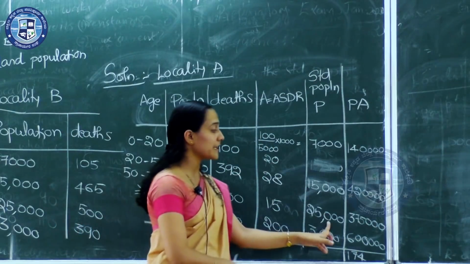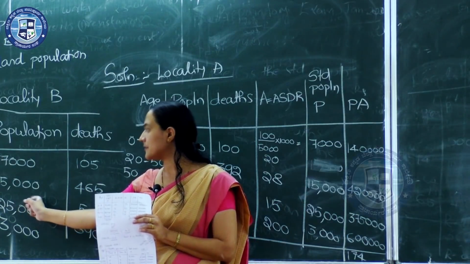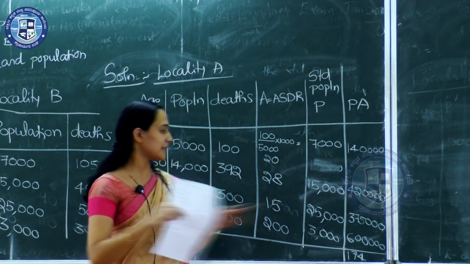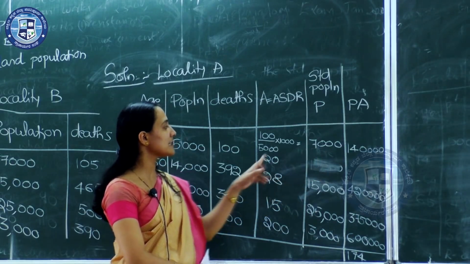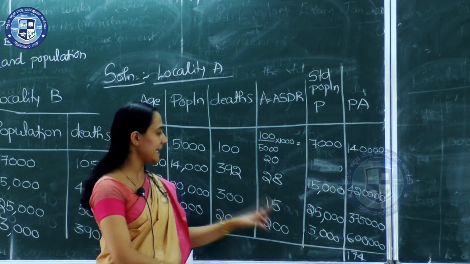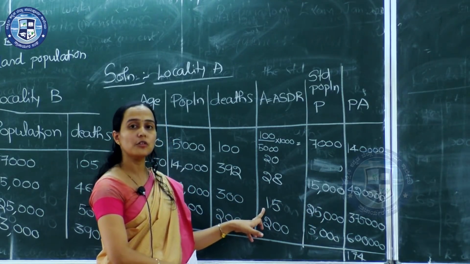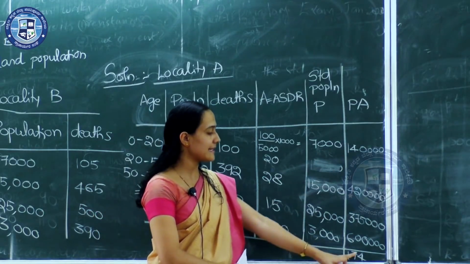Next, standard population. Standard population is B's population. This one 7,000, 15,000, 25,000, 3,000. I wrote the same here. Next, P into A: 7,000 into 20, 15,000 into 28, 25,000 into 15, 3,000 into 200. Answer is this one.